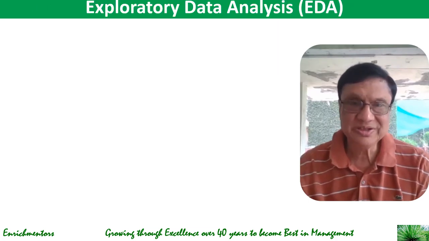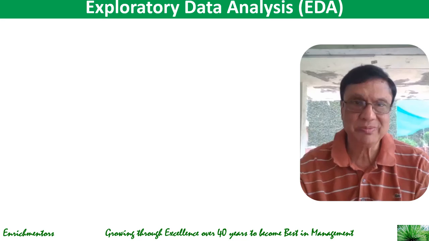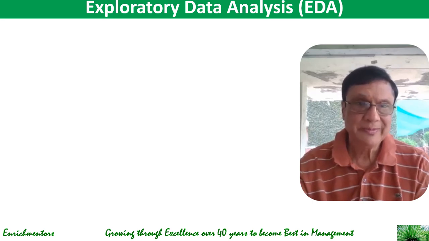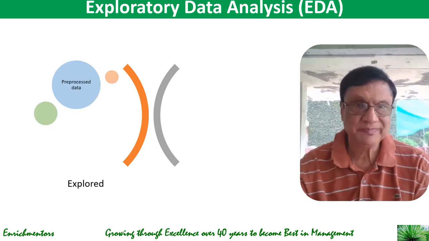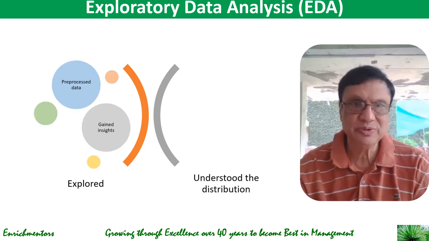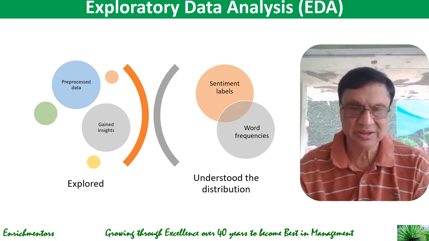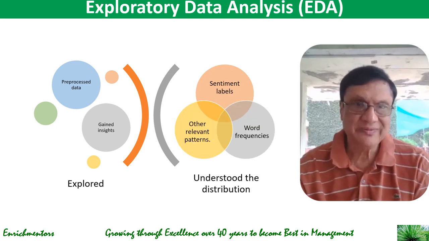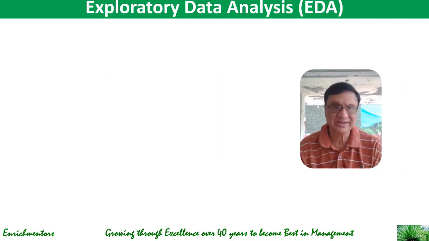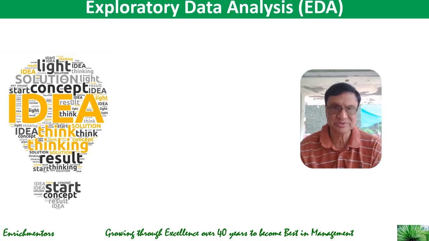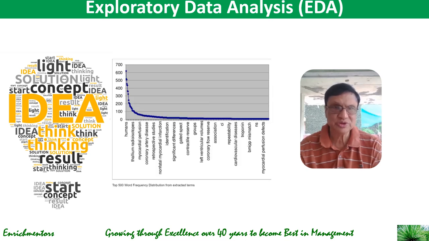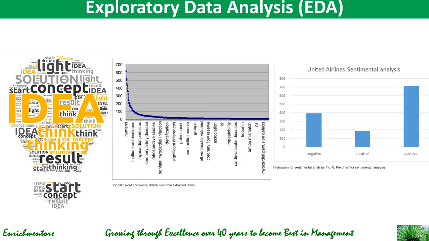The final step in this example is exploratory data analysis, where the team explored the pre-processed data to gain insights and understand the distribution of sentiment labels, word frequencies, and other relevant patterns. The final thing in this data analysis was to visualize the data using techniques like a word cloud, as you see here, frequency distribution of the words, and sentiment diagrams.